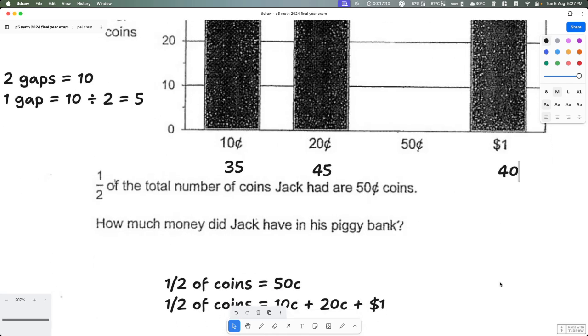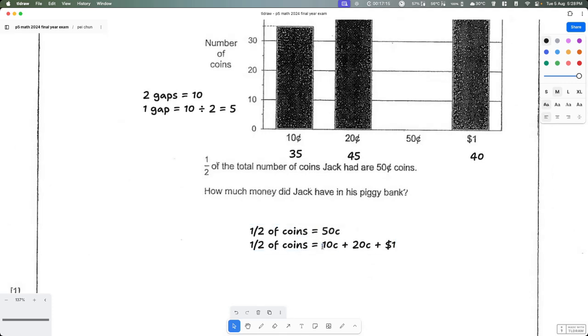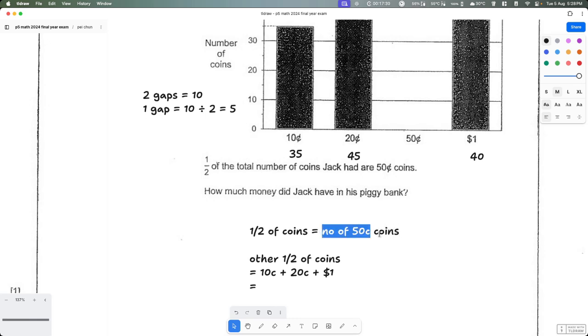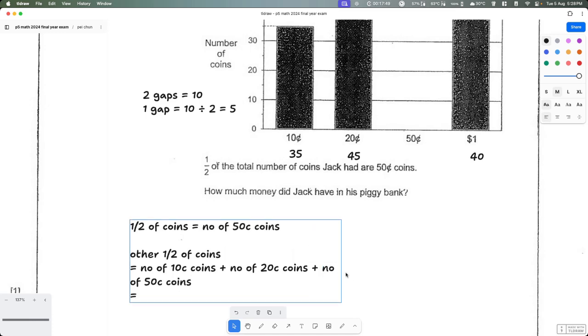So the other half is the number of 50-cent coins, which is equal to the number of 10-cent coins plus the number of 20-cent coins plus the number of $1 coins.